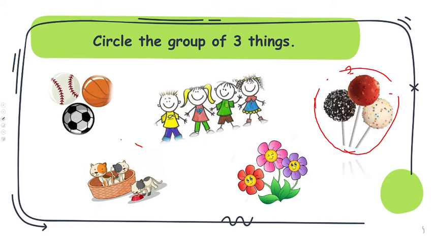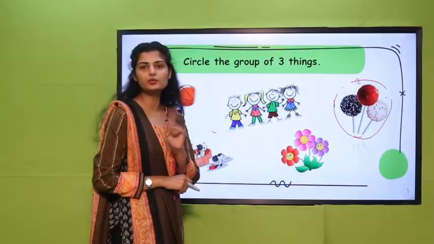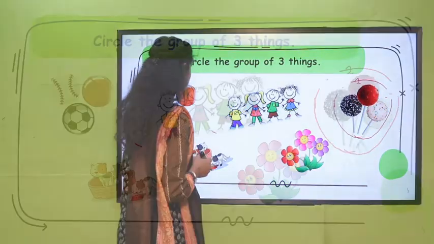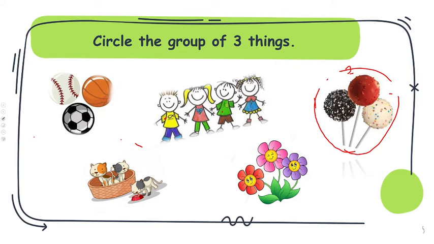Now move to the group of children. How many children are there? 1, 2, 3, 4. Are we supposed to circle it? No, we are not going to circle it. Let's move toward the set of balls. Let's count the balls. 1, 2 and 3.